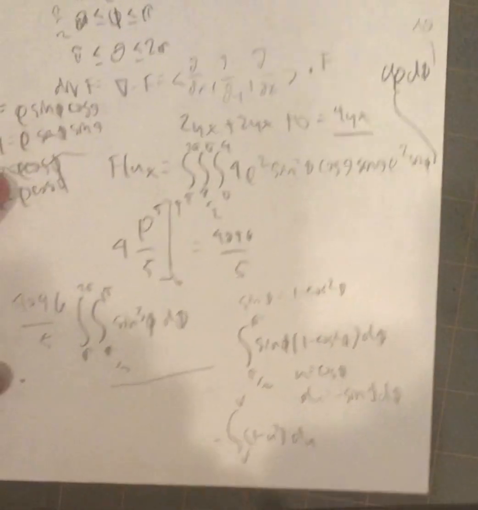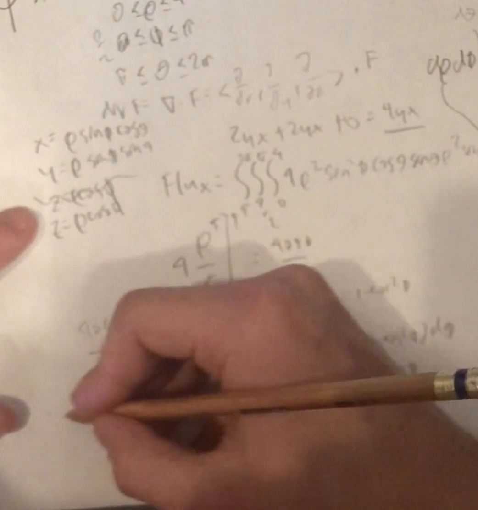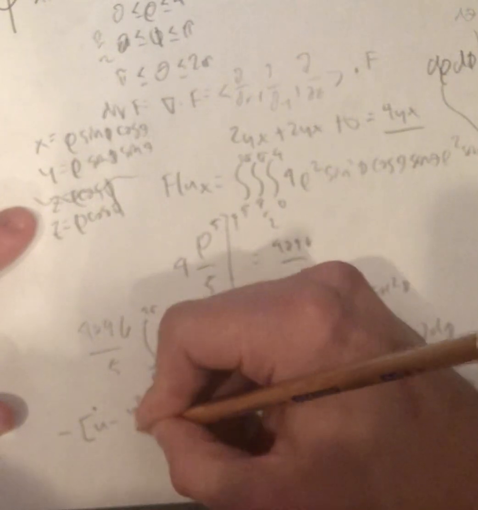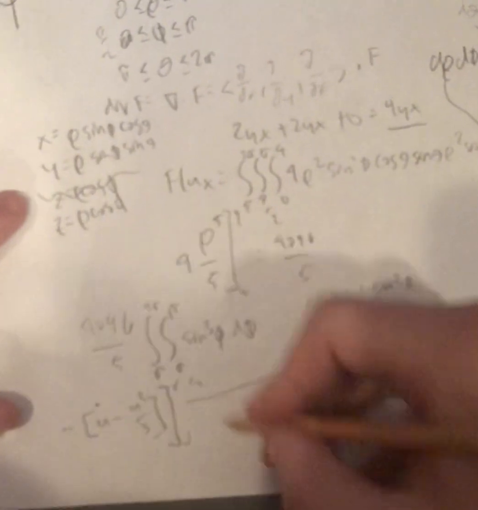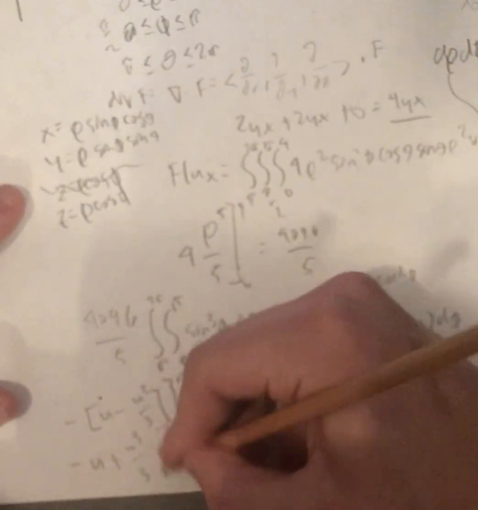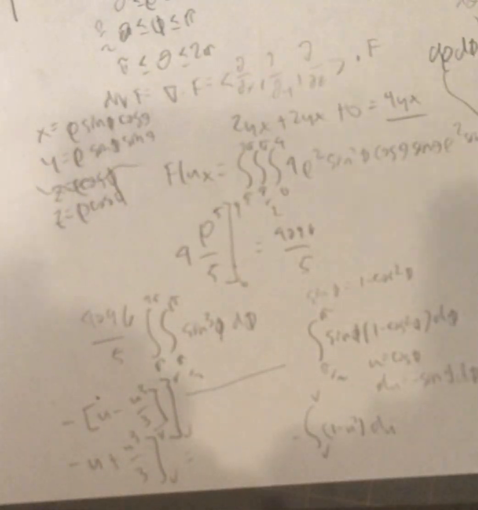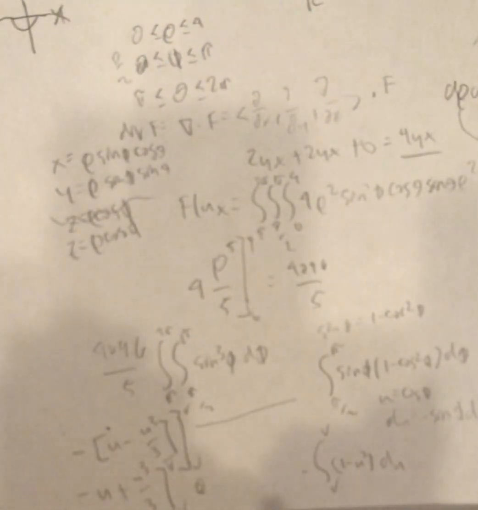When we integrate this, what we're going to get is minus, and then u minus u cubed over 3, and then still a definite integral. And we'll carry the minus sign, so it's plus u cubed over 3. So, remember, u is cosine phi. We're running out of space here. We're going to get another piece of paper.